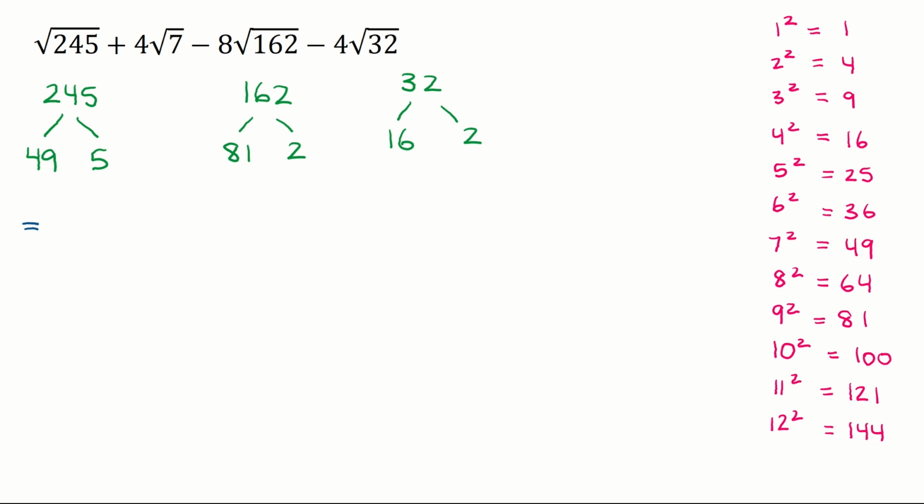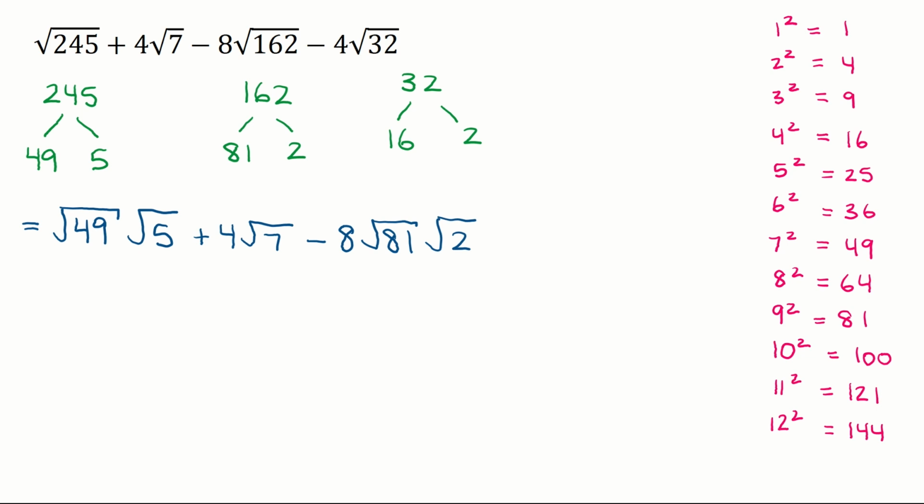So 245 is the square root of 49 multiplied by the square root of 5. We are adding 4 root 7. Then we're going to subtract 8 square root of 81 square root of 2. And then we're subtracting again 4 times the square root of 16 times the square root of 2.